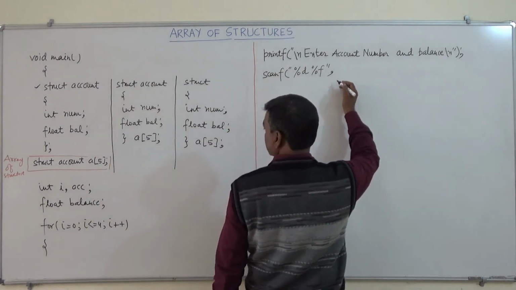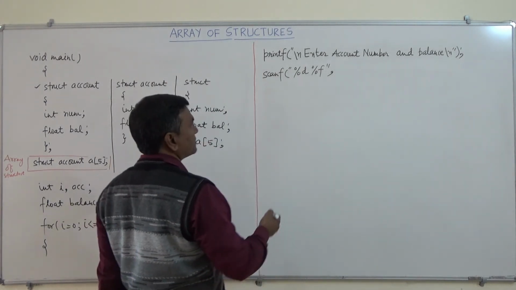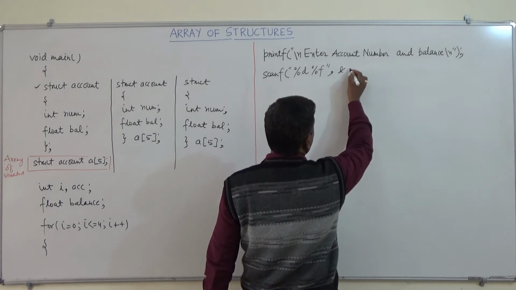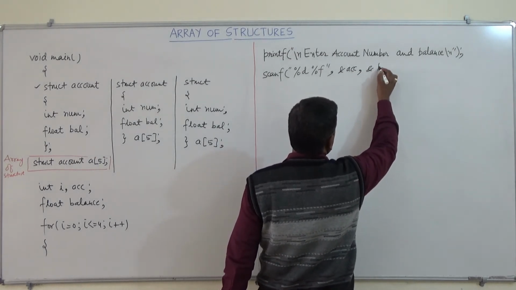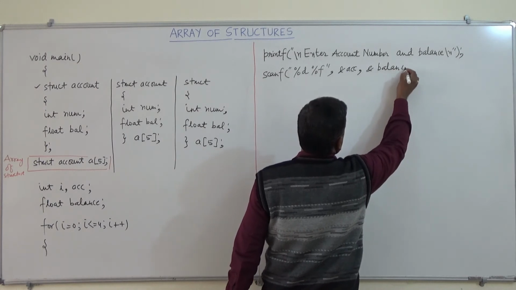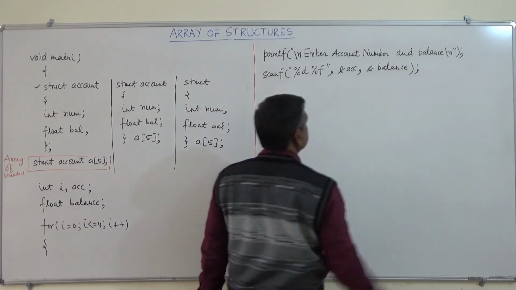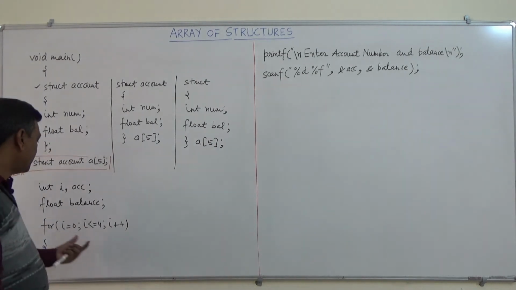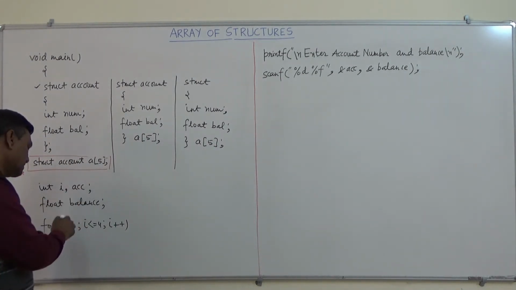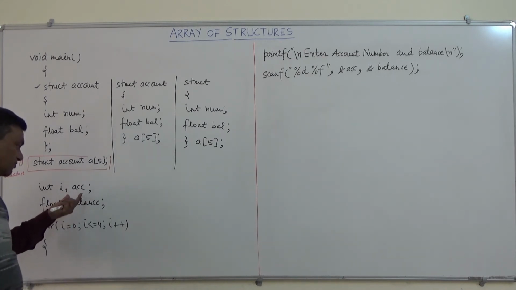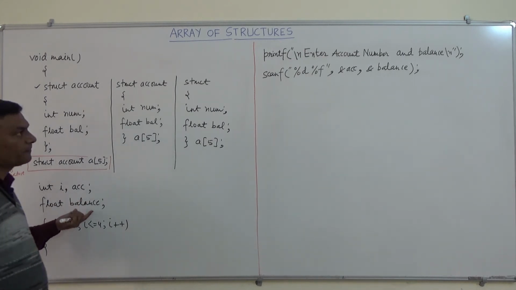So here we will use these variables: ampersand of acc and then ampersand of balance. We have used these two variables, one is acc, which is used for the account number, and the other is for balance.